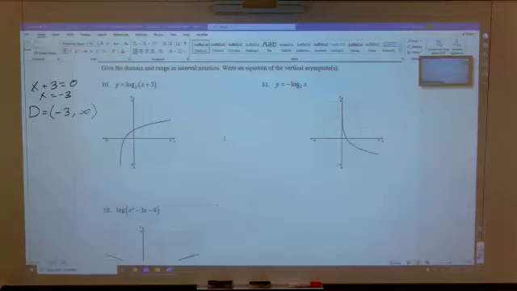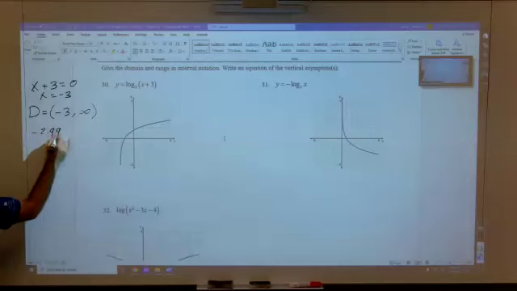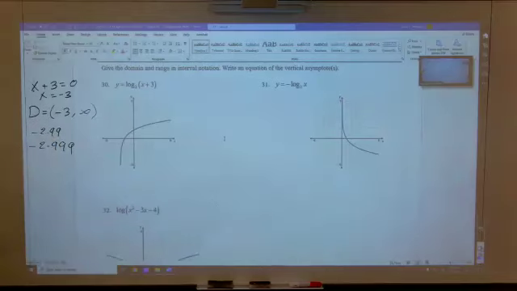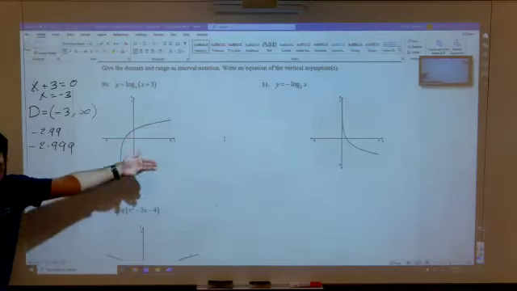Every time, because if you choose -2.99, it's really close to -3. But if I choose -2.999, this number is closer to -3 than -2.99. You get the idea? That's why the range goes from negative infinity to positive infinity. With the graph, it's easier.